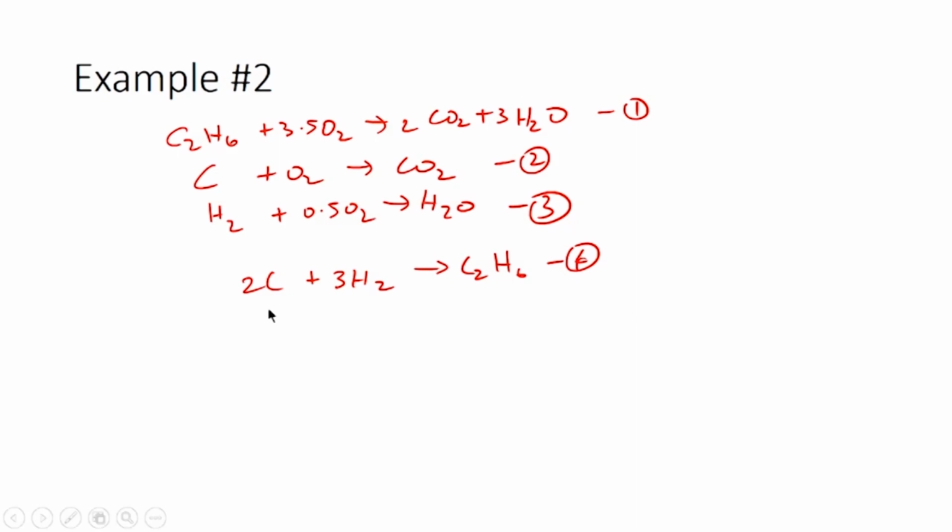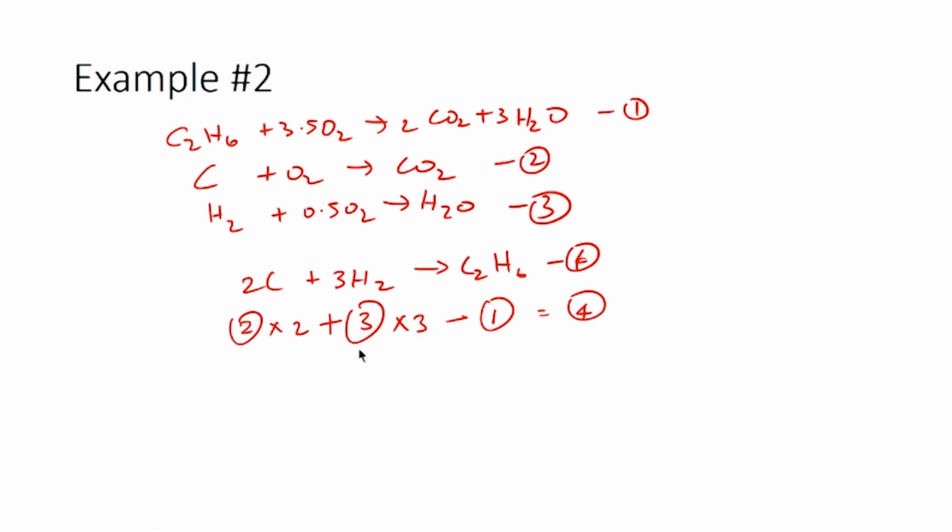So, let us do that. If I perform this algebraic operation, which is reaction 2 times 2 plus reaction 3 times 3 minus reaction 1, I would get reaction 4. Let us see how that would look.